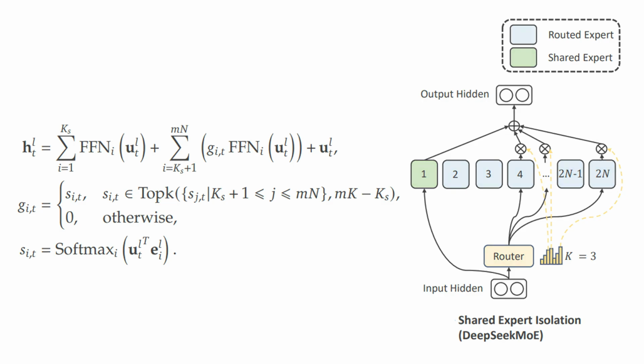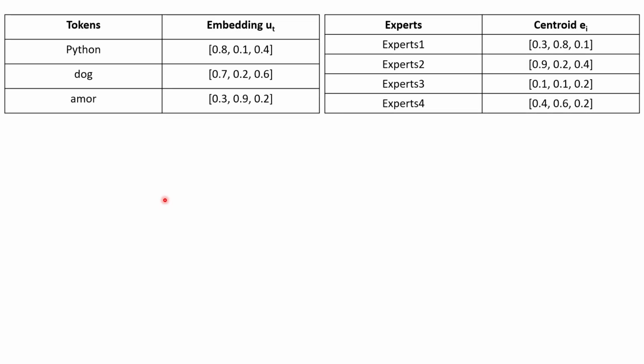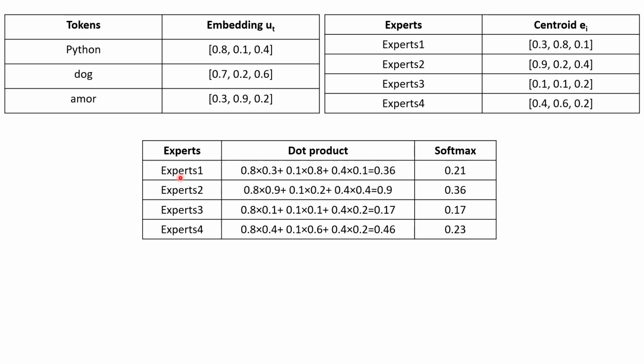Let's consider an example with 3 tokens and their embedding vectors, as well as 4 experts, each with their learned centroids. To find the most appropriate expert, we calculate the dot product of each token's embedding with the centroids of the experts. For example, for the first token, we compute the dot product and apply softmax to get the activation scores.